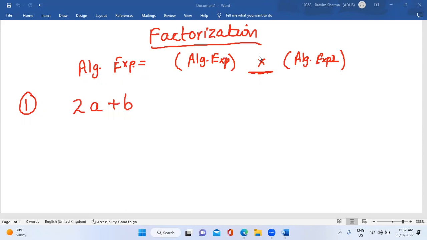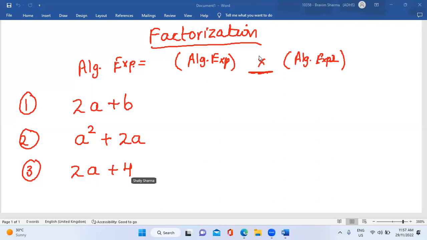We will be learning the factorization of expressions like a squared plus 2a, let's say 2a plus 4a squared, and then the last one, for example, 4a squared plus 6ab. So these would be the main categories of the questions we will be discussing.